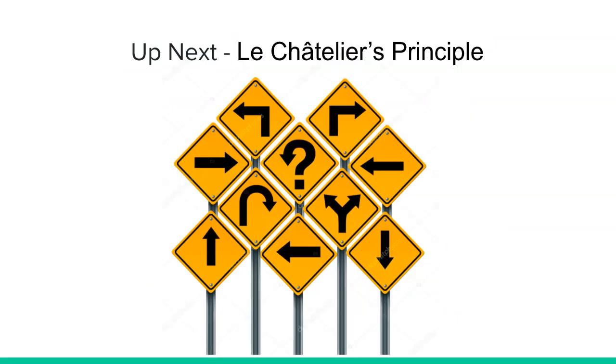All right, so up next is going to be what is known as Le Chatelier's principle. And Le Chatelier's principle is going to be a situation where, sort of like the entropy, we are going to be given an example and we have to predict something based on that example. So when we had entropy, we were predicting the sign based on what was going on.